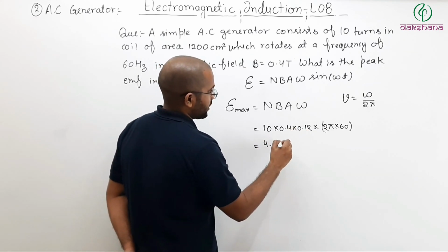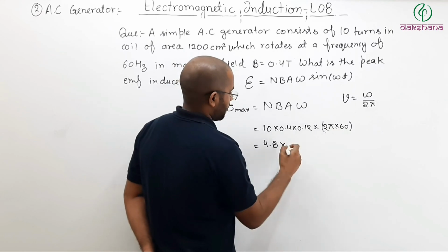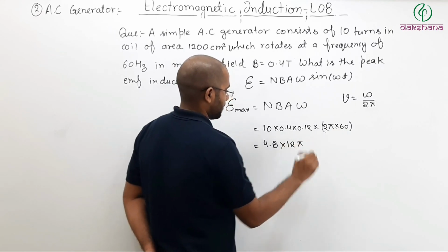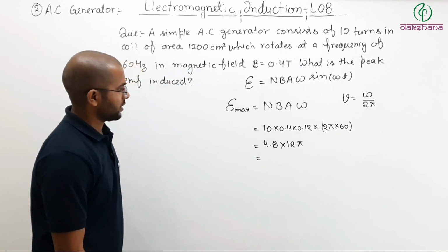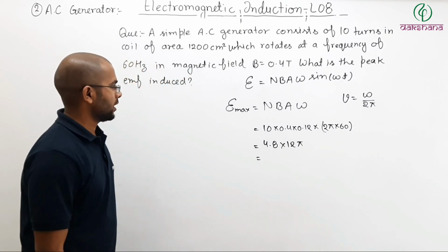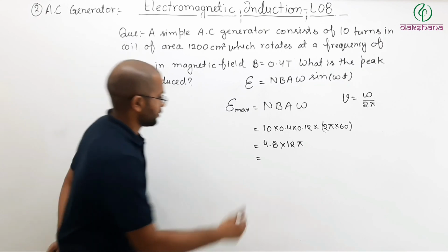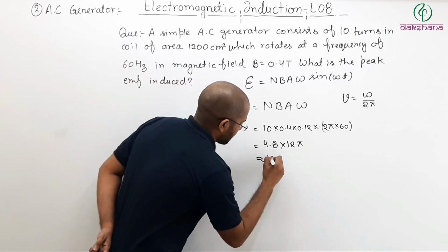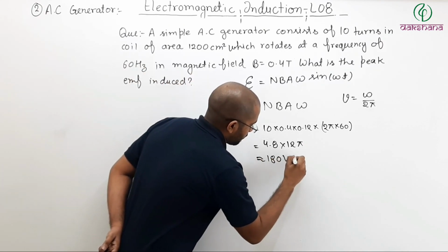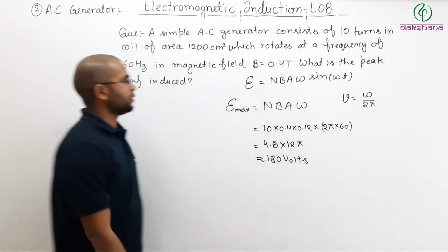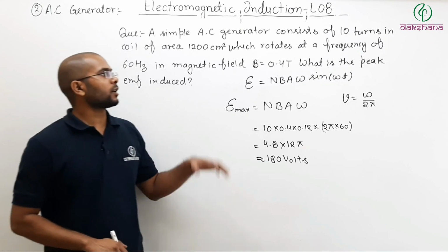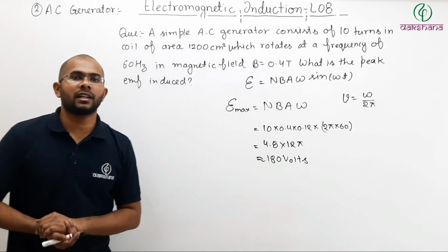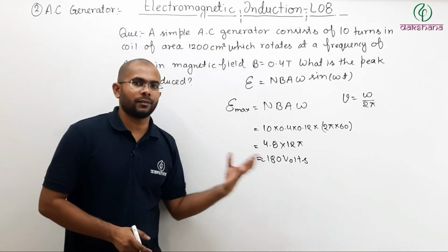So 4.8 times 6, 12 pi. That is around 60, 4.5 into 12, around 60, times 3.1. So that will be approximately 180 volts. So your maximum EMF produced across this AC generator will be 180 volts.